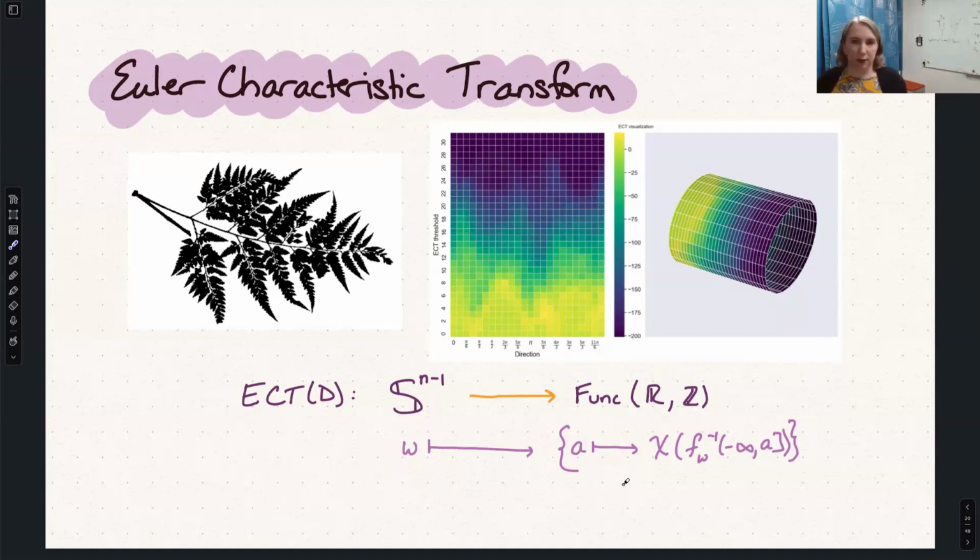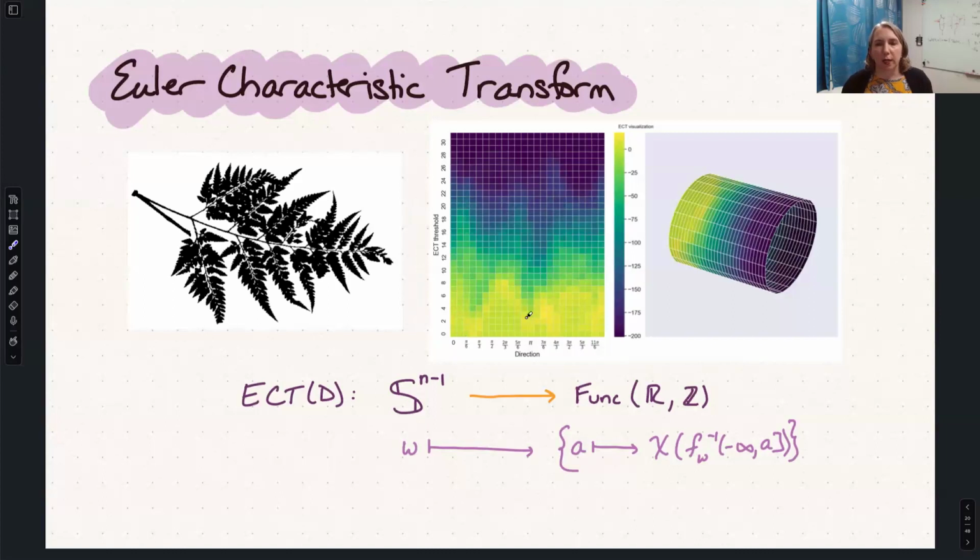So let's take a look at the version in two dimensions right now, so n is equal to 2. What ends up happening here is that I have directions. This is my direction in S1, so that thing on the bottom there is a circle, 0 to 2 pi. And then all of the different thresholds, sorry, this is done by thresholds as opposed to function value, but this is all the different stopping places for my level that I'm interested in.